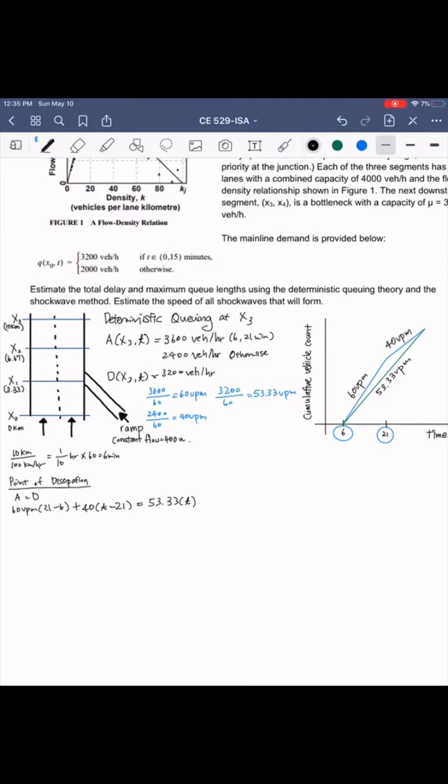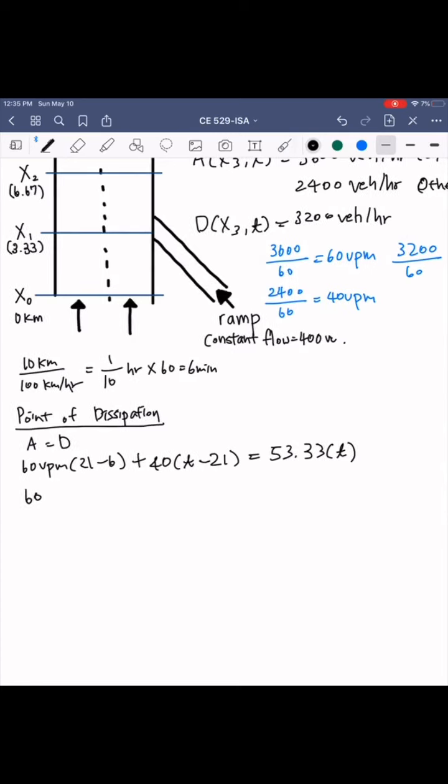So this is 60 times 15 plus 40t minus 840 equal 53.33t. And then if you solve that, this is 900 minus 840, equal 53.33t minus 40t, so 140 equal 13.33t. And let me put this in the calculator: 140 divided by 13.33.